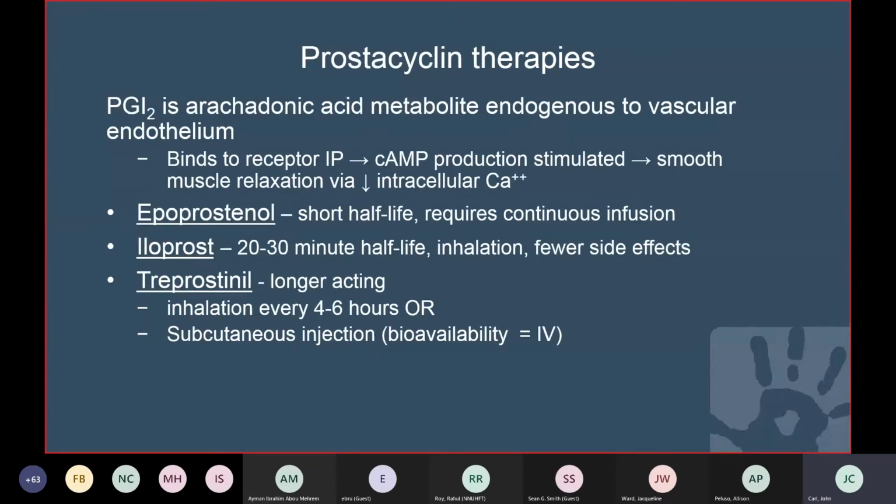So the prostacyclin therapies: prostaglandin I2 is an arachidonic acid metabolite that's endogenous to the vascular endothelium. It binds to a receptor, stimulating cyclic AMP production, and therefore smooth muscle relaxation via decreasing intracellular calcium levels.